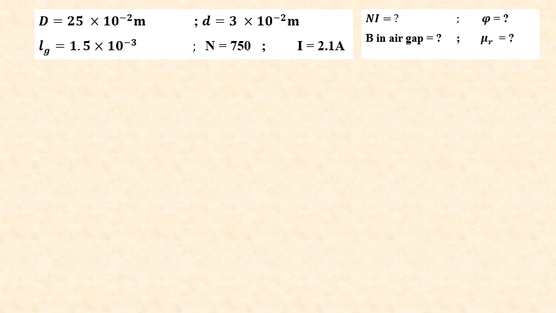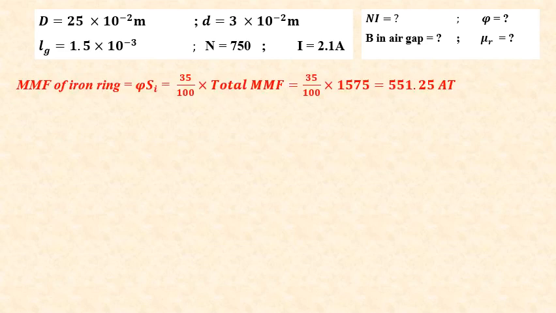In the question it is given that the iron part takes about 35% of total MMF. So we can write MMF of iron ring, that is phi into Si, equal to 35 by 100 into total MMF, which gives 551.25 ampere turns.